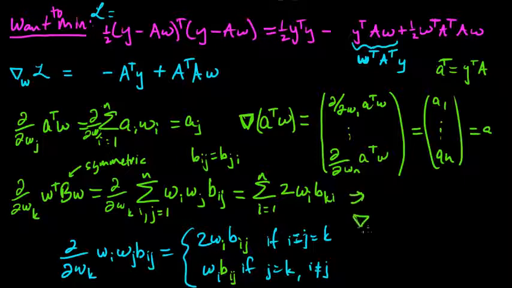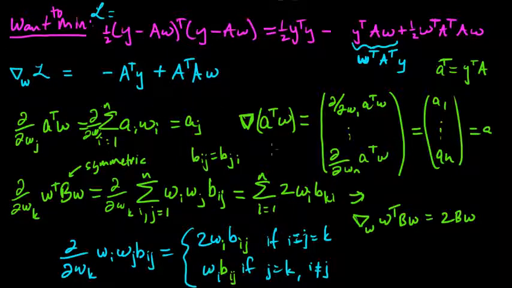So the gradient with respect to w, you line all these partial derivatives up in a column, and that's just equal to 2 times bw. So that's just a little calculation. I wanted you to at least see roughly how it's done, and you can check that if you want.